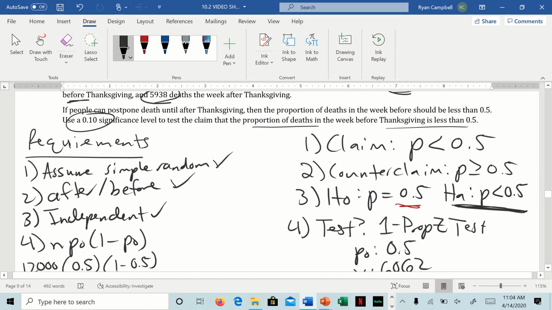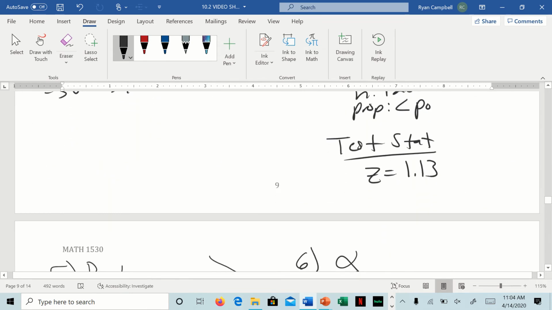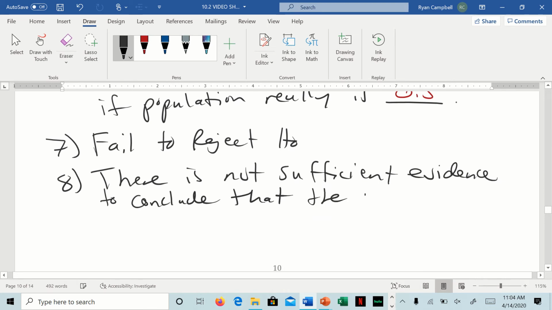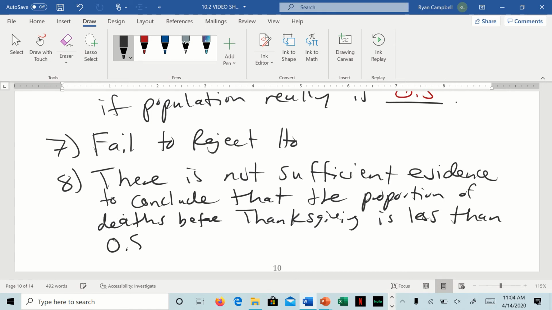HA is that P is less than 0.5, which is the same as our claim. So we can just rewrite the claim. So the proportion of deaths before Thanksgiving is less than 0.5.